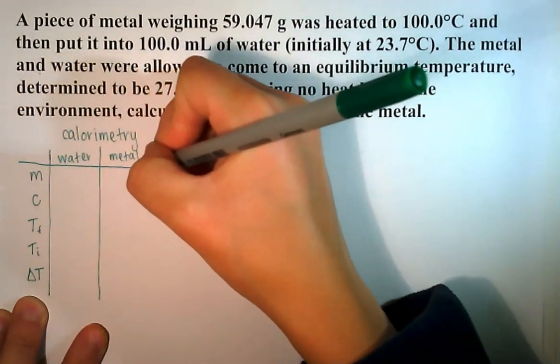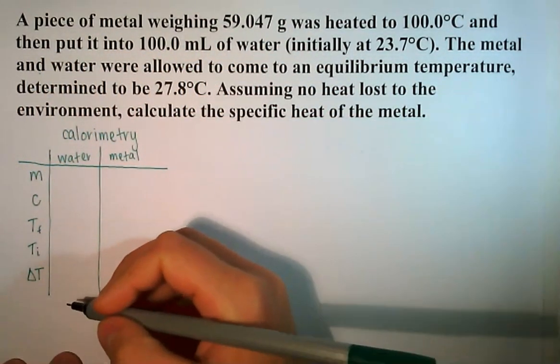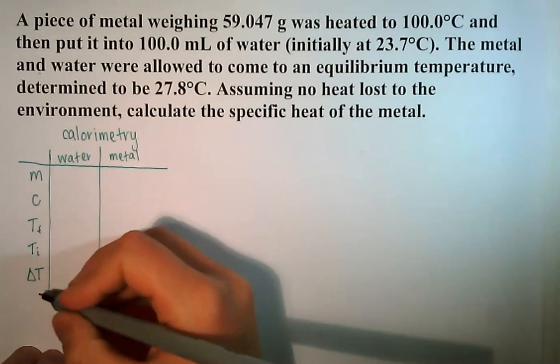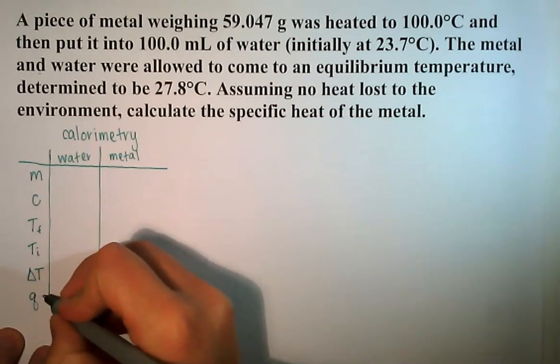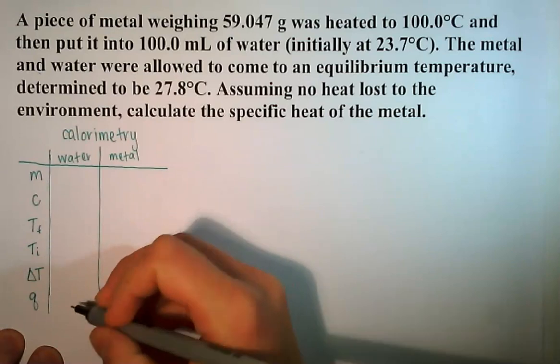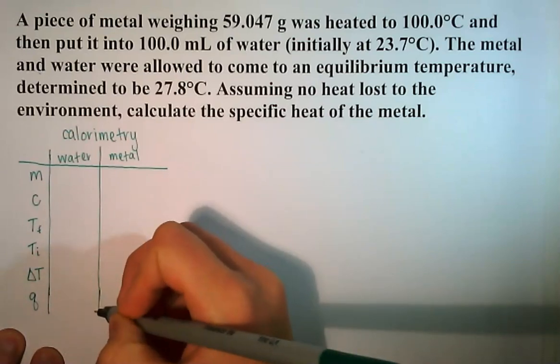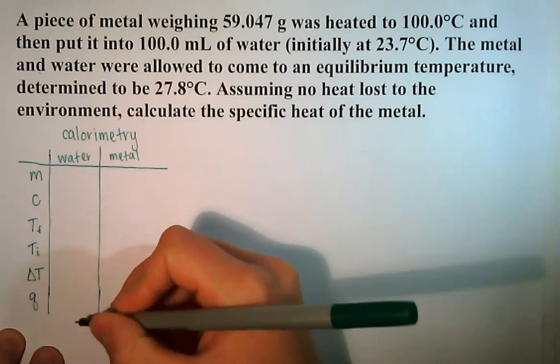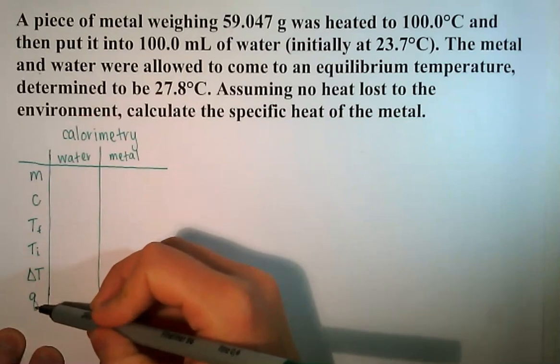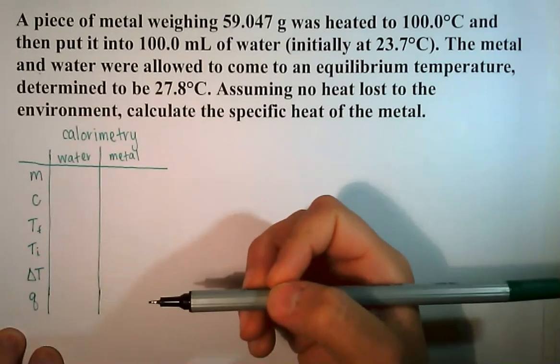And so I write all this information out in this table format, and then once I find the value of Q for the water, I know that my Q of the metal will be the same value, just with the opposite sign, as whatever heat is absorbed by the water will be released by my metal.